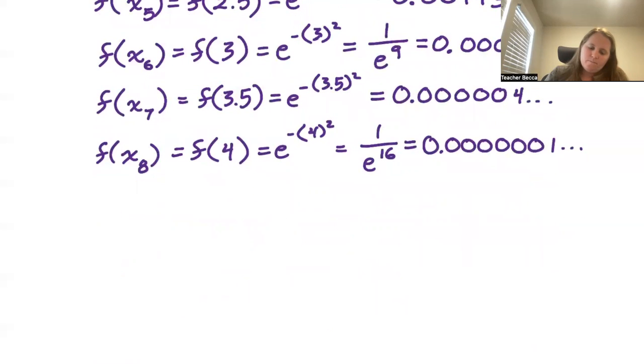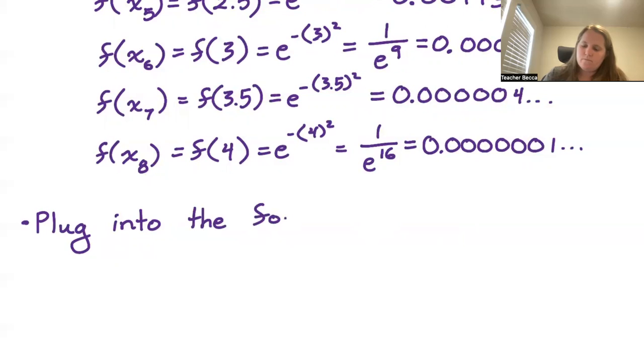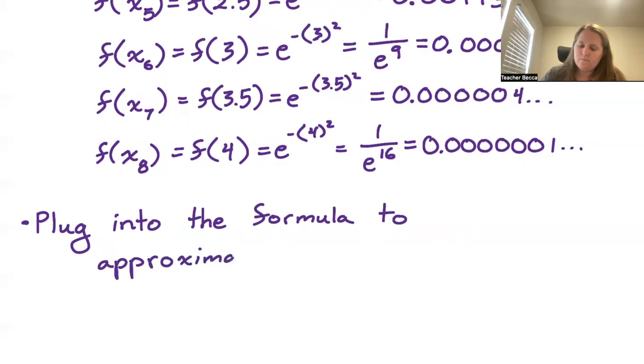So from here, we plug into the formula to approximate the definite integral from a to b, or from 0 to 4, of e to the negative x squared dx.